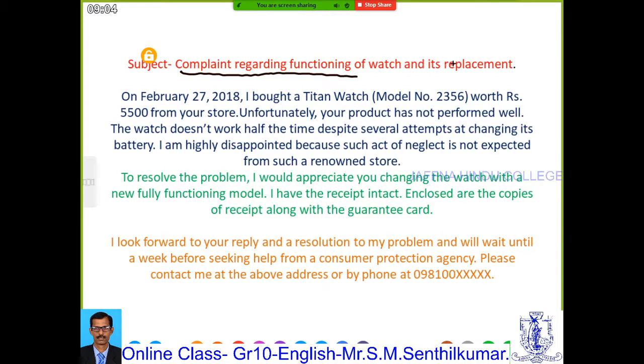rupees 5,000 from your store. Unfortunately, your product has not performed well. The watch doesn't work half the time despite several attempts at changing its battery. I'm highly disappointed, because such an act of neglect is not expected from such a renowned store.